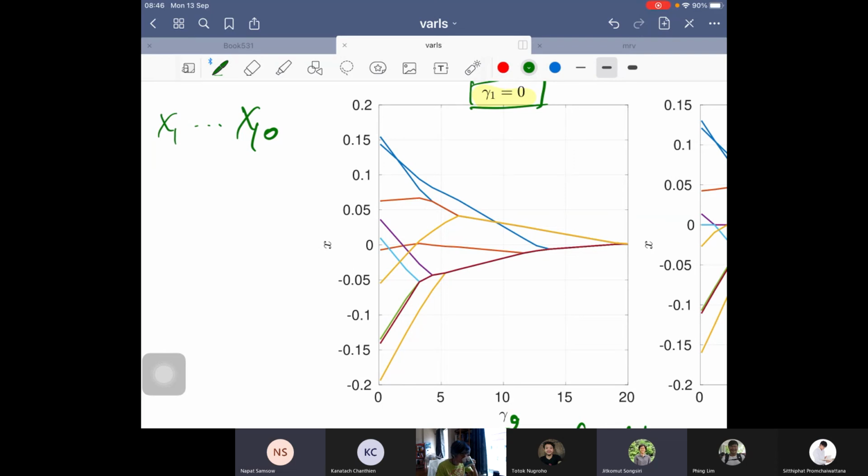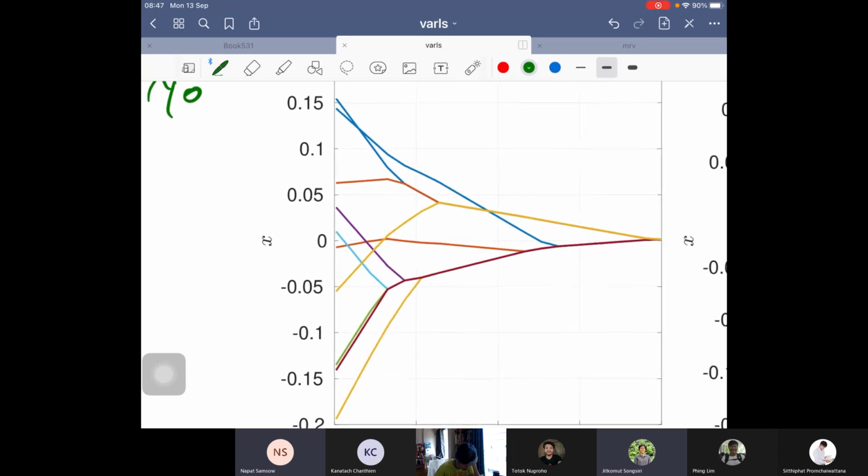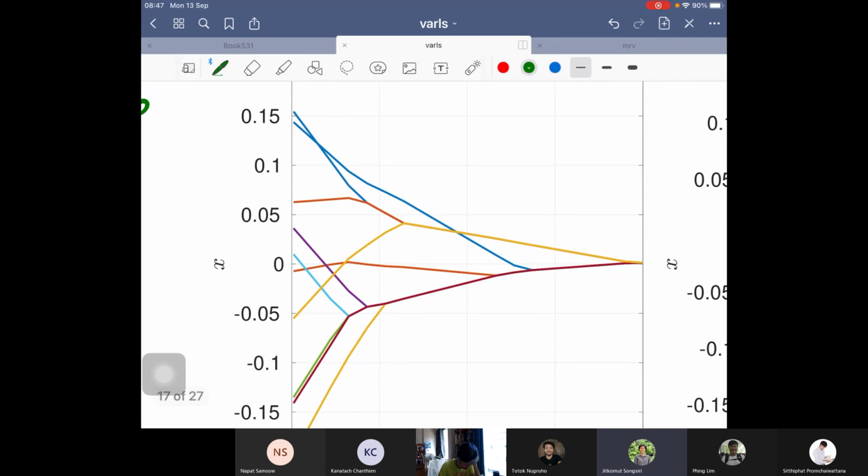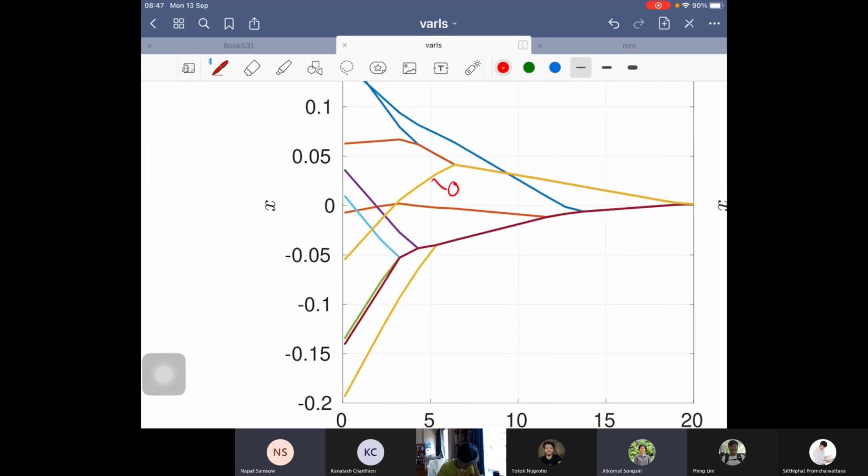Which one is yellow? This is orange, and this is red.